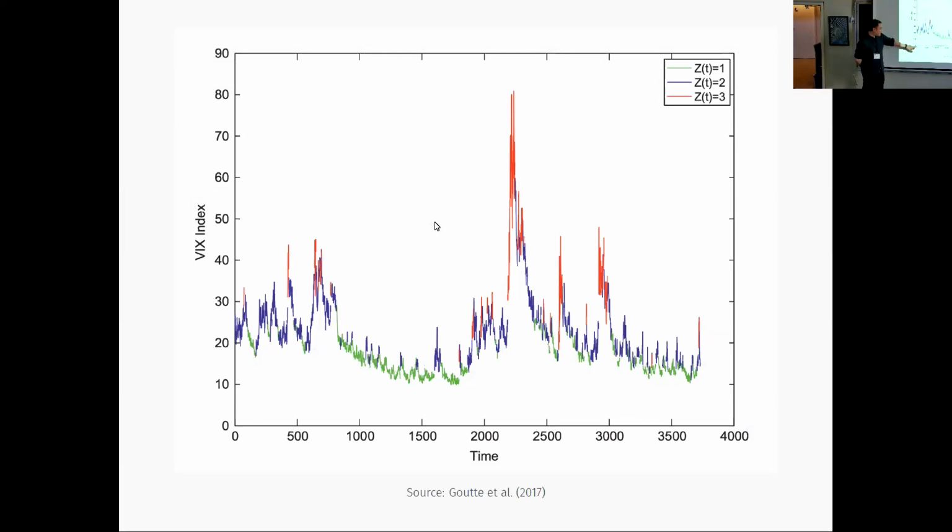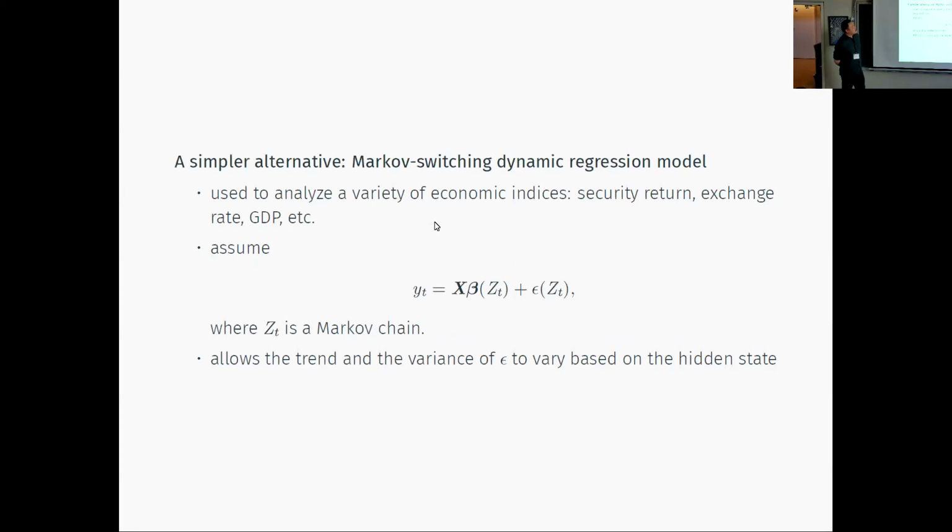So this time, the start is 2000, and the end is 2015. And we see very similar results. We have high volatility, medium volatility, and low volatility. And of course, there's always a simpler alternative, which is the Markov switching dynamic regression model. So basically, it's a regression model, but we allow the parameters to vary with the hidden states. And this method is well established.